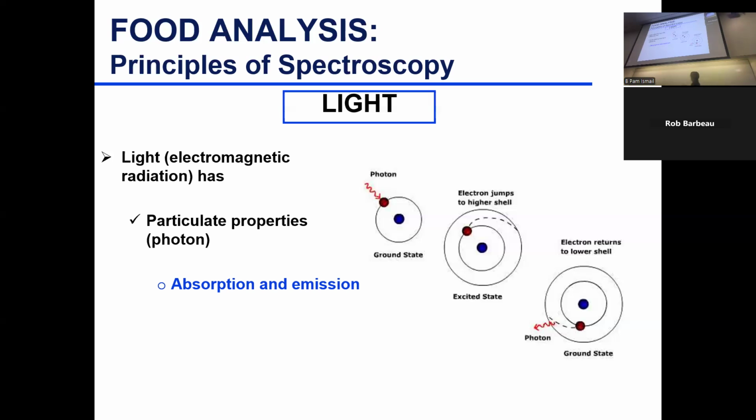And I'm always going to use this simple example because you did it in lab. You looked at your PDA, photodiode array detector. You looked at a figure, a graph that had nanometer, lambda, and then you had absorption. And you had pretty much a hill, right?